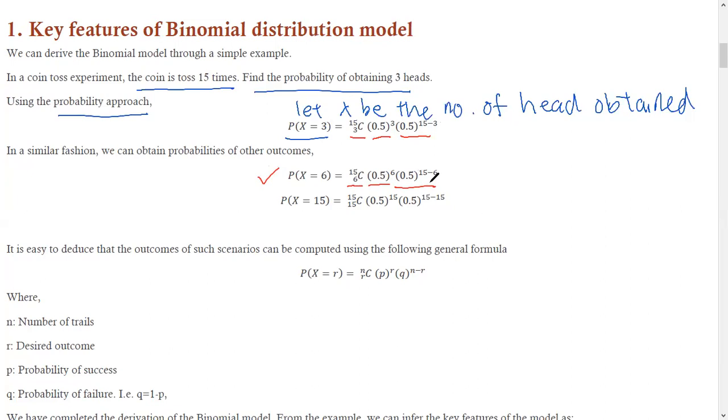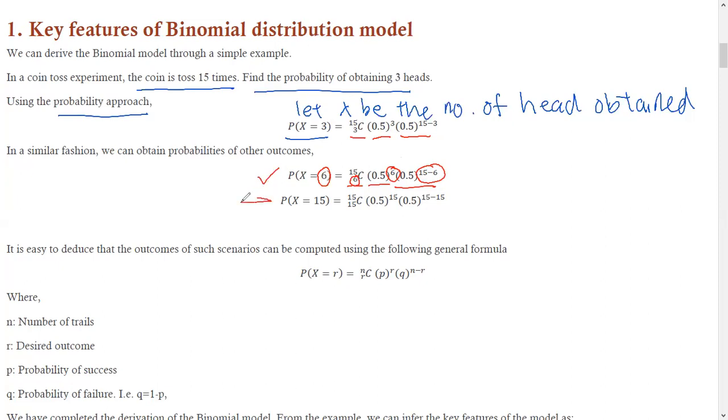Whatever number we put here, we just need to put the same number here, because I want 6 hits. Out of 15 throws, I can choose 6 of them to be hits. The probability of 6 hits must be raised to the power of 6. Since the rest are tails, we use the total number of tosses minus the required number, which is 15 minus 6. This is how we calculate the probability.